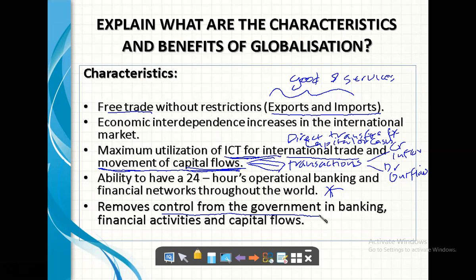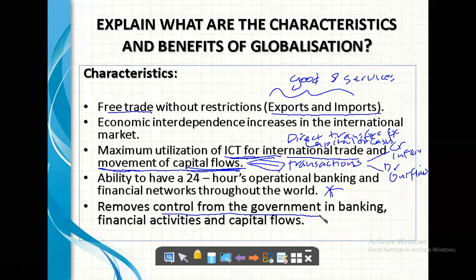How does globalization or transfer or banking financial activities is removed from the government's control through globalization? Well, if you can answer that, then think about it.